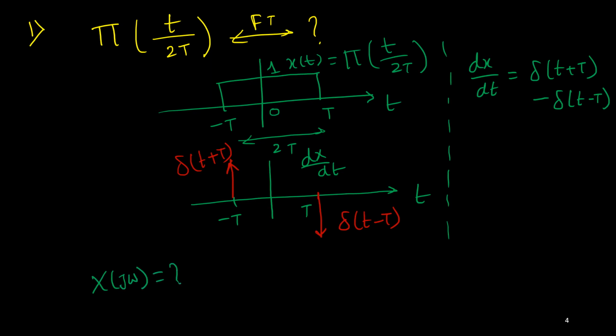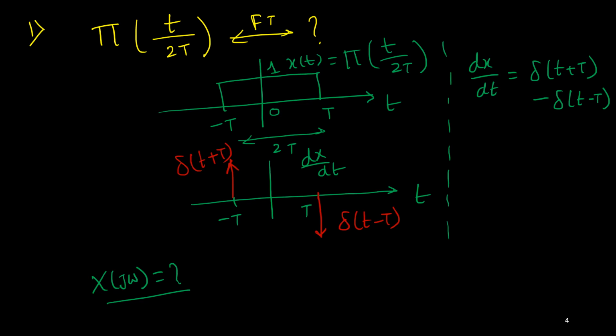That is possible to find out, but be careful of one thing. While you take the derivative, if the original signal x(t) has some DC component, then after taking the derivative the DC component is lost, because the derivative of a DC signal becomes 0.